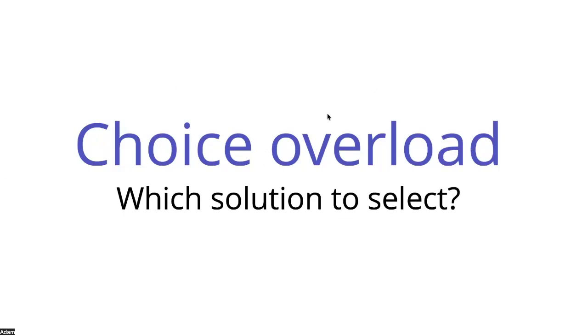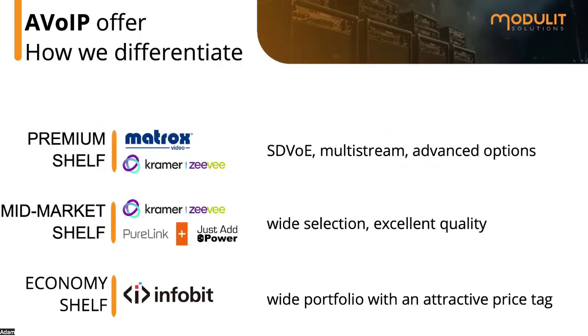Okay, so let's go. As you saw, in terms of the products we have in our portfolio, there are plenty of them. Many manufacturers, technologies. So which one to select for your projects? The first is the general overview of how the AVoIP offer looks in our portfolio.